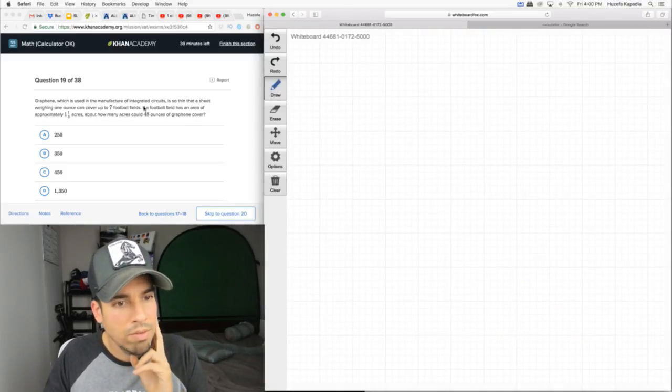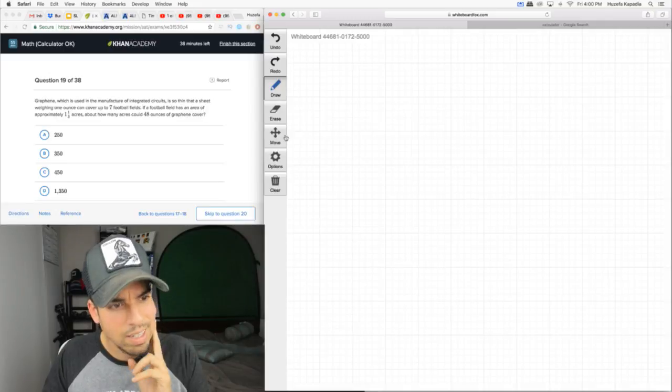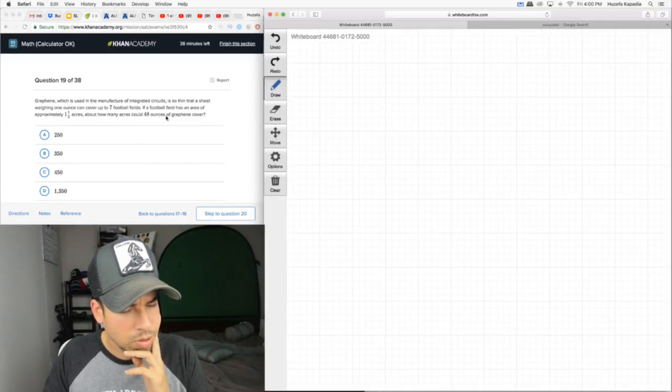Graphene, which is used in the manufacture of integrated circuits, is so thin that a sheet weighing 1 ounce can cover up to 7 football fields.